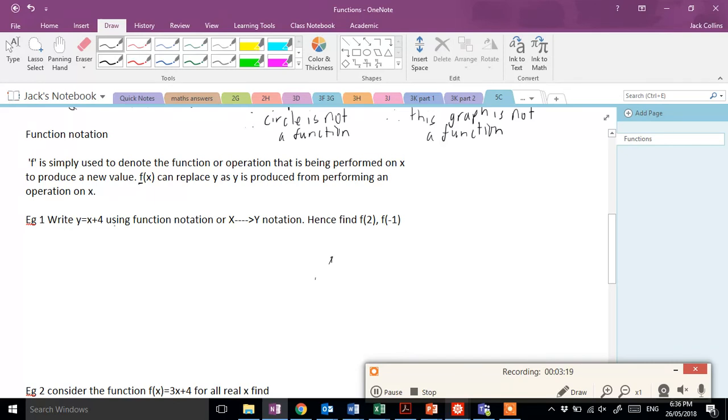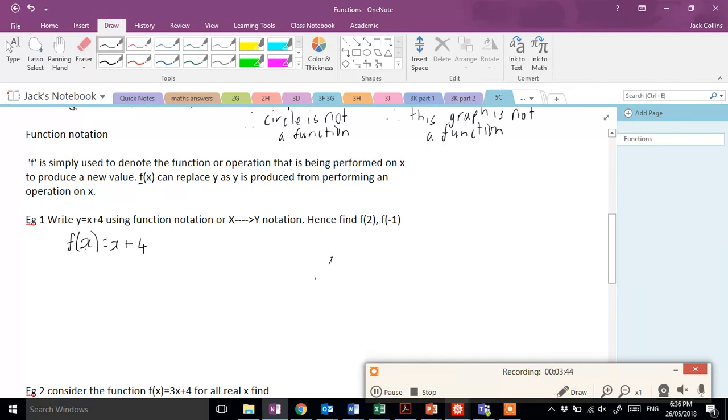Write y equals x plus 4 using function notation or x to y notation. Hence find f of 2 and f of minus 1. It's pretty simple. When you see a y, that's the same as f of x is equal to x plus 4. When you think about it, y is simply produced from performing an operation on x to produce a new value. That's the relationship between x and y.